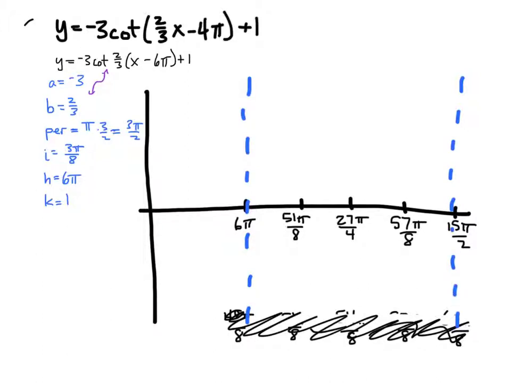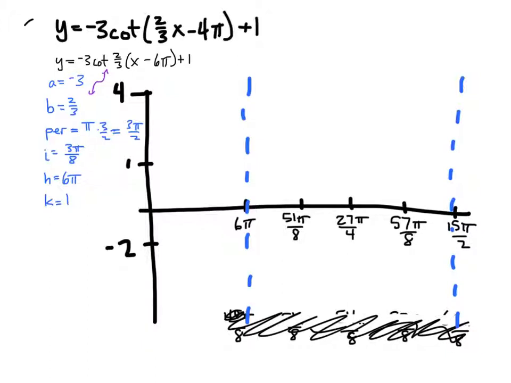Okay, with a k of positive 1, I know that this graph shifted up 1. And since a is 3, how high will it go? Up to 4 and down to negative 2. And this is probably the worst scaling that I've ever done. 1 is way further away than negative 2, but as long as we label, we're fine.